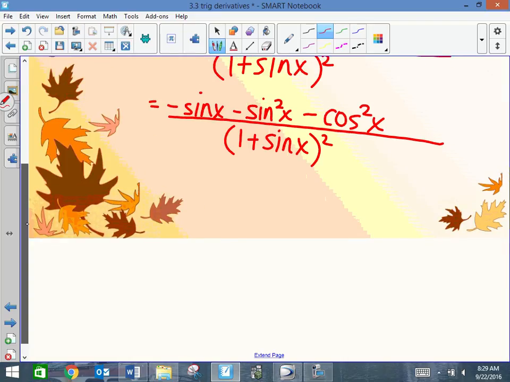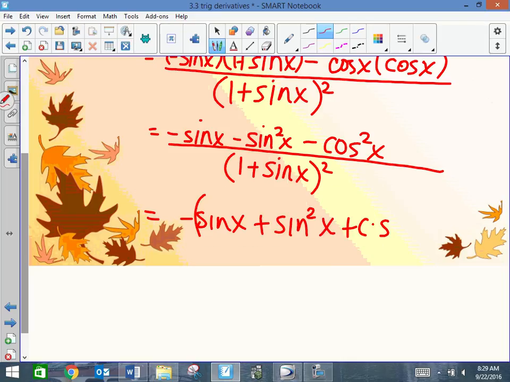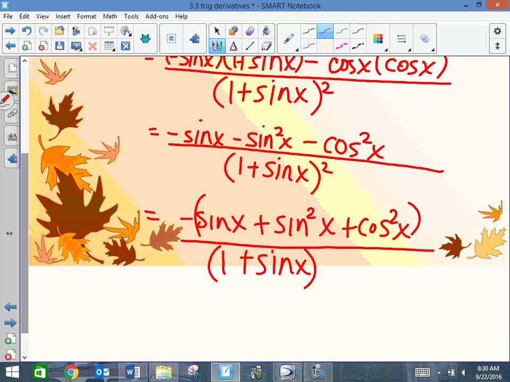There's a nice identity there. This is the one that comes up. There's not a whole lot. I'll write it more obvious, but this one is nice. Remember that one? What is sine squared plus cosine squared?